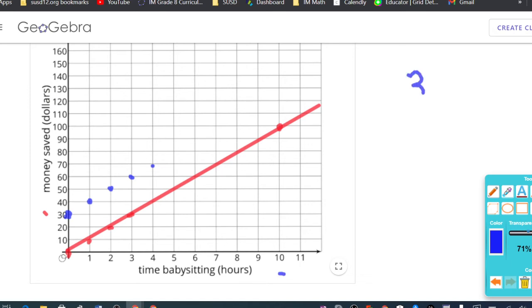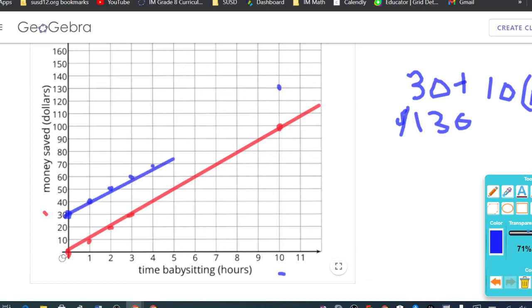Well, he started with $30 and then add on 10 hours of work times $10 an hour. So you get $130 after 10 hours of work. So here's my 10, we'll go right up here. If I have done this correctly, there is a straight line.